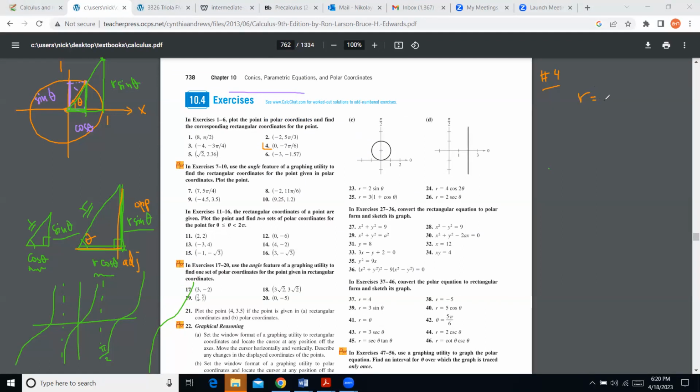R is equal to 0, theta is equal to some angle. Well, if the distance to the origin is 0, then you don't really care what the angle is. I shouldn't put the y-axis. I should be careful. We have polar coordinates, right? So the point is going to be here.